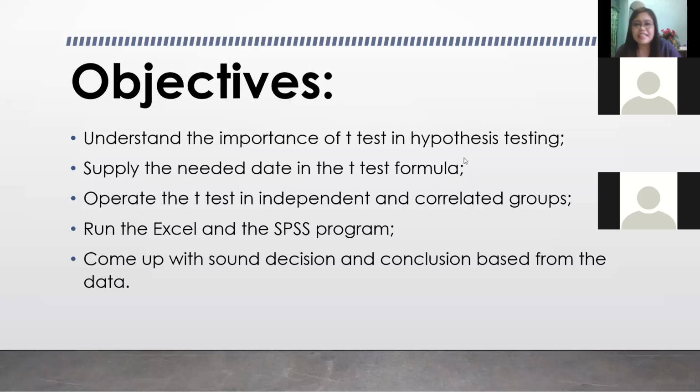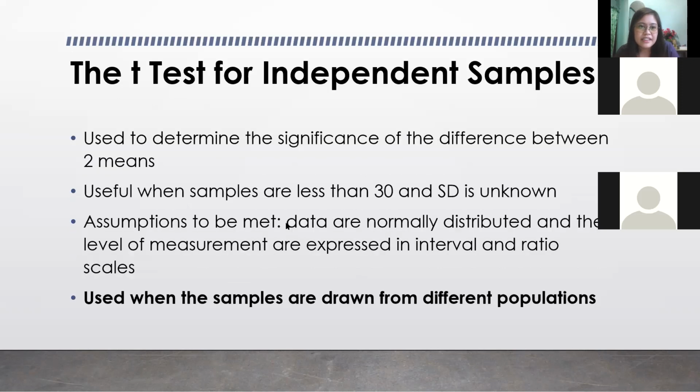Supply the needed data in the t-test formula. Operate the t-test in independent and correlated groups. And we will run the t-test in Excel. We will not be using SPSS. Instead, we will have the JASP software. We will have the software application later. And then come up with a sound decision and conclusion based on the given data.